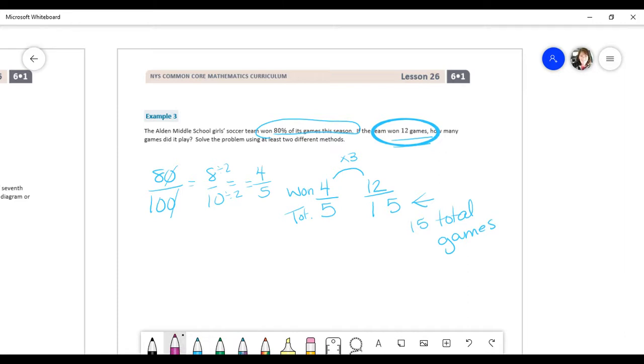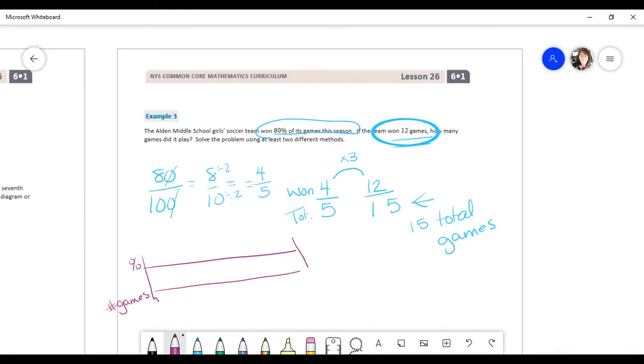Different method. What if we did our fancy tape diagram? Okay, let's start with that. And again, we're going to put our percents over here. And we're going to put our number of games down here.